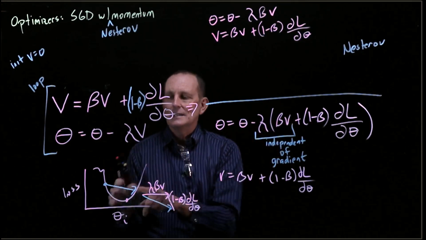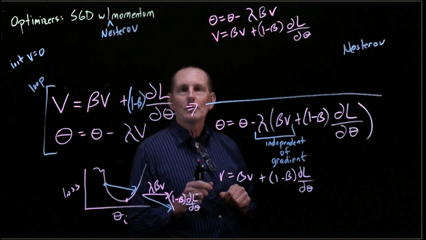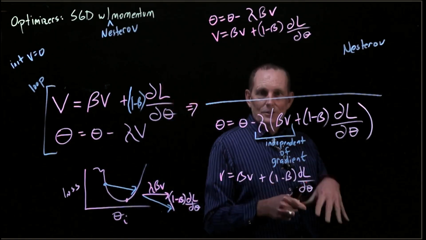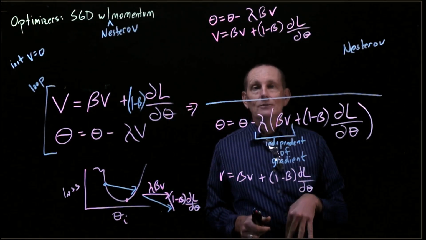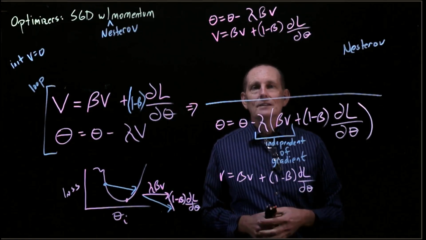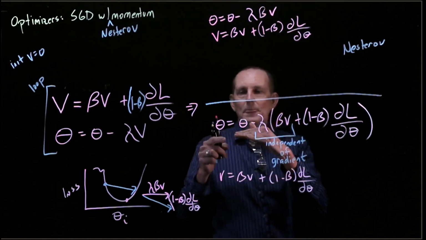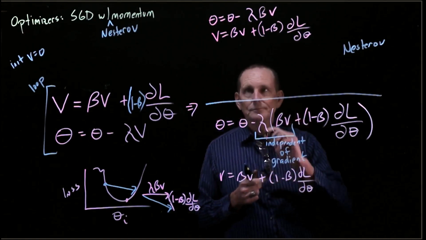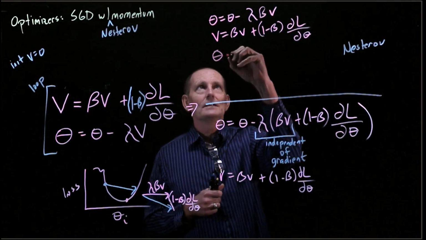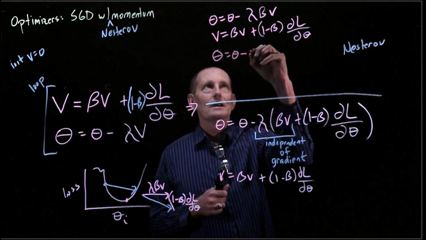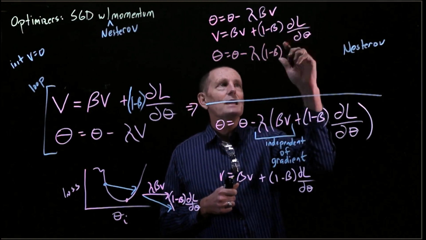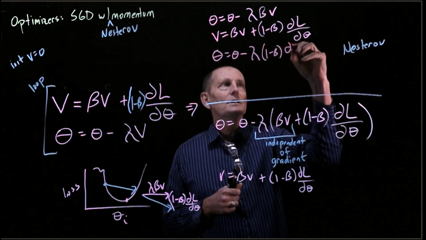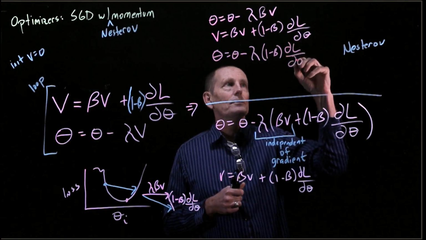So why not go ahead and take a step? Take a partial step where the velocity will take us and look there and see what the gradient will give us. So it's like we're two-step updating theta, because now we're going to update theta, which is theta minus lambda times 1 minus beta, times now this same updated derivative.